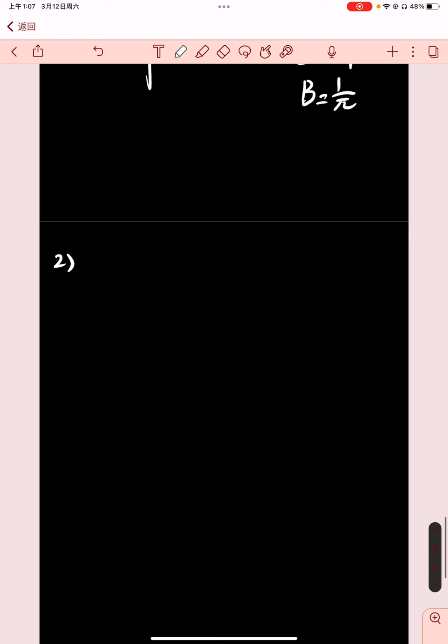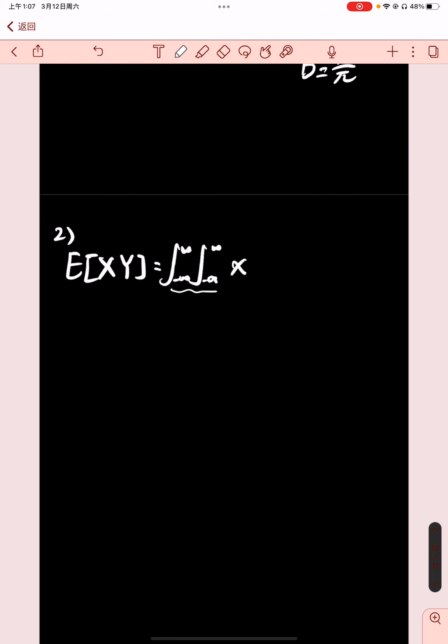And for the second part, find the expected value. So first we start with x and y. It is equal to the density function of both x and y. We still need to discuss the definite range for x times y and the density function.